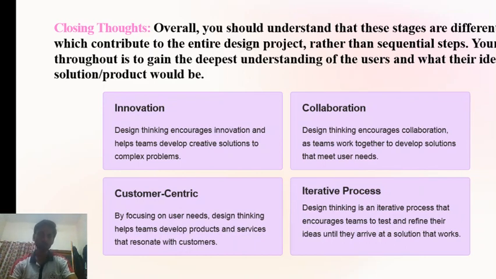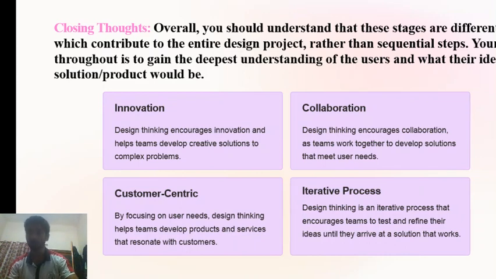Now third is customer-centric. Customer-centric or human-centric means whatever design we are making, whatever product we are manufacturing, will be based on the human at the center. We prepare the product keeping in mind what will affect the human body.